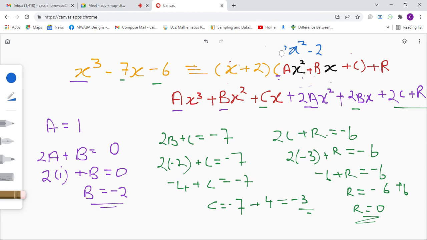Our value for b is -2, so the plus becomes minus 2x. Then plus -3, which becomes minus 3. So our answer is x squared minus 2x minus 3.